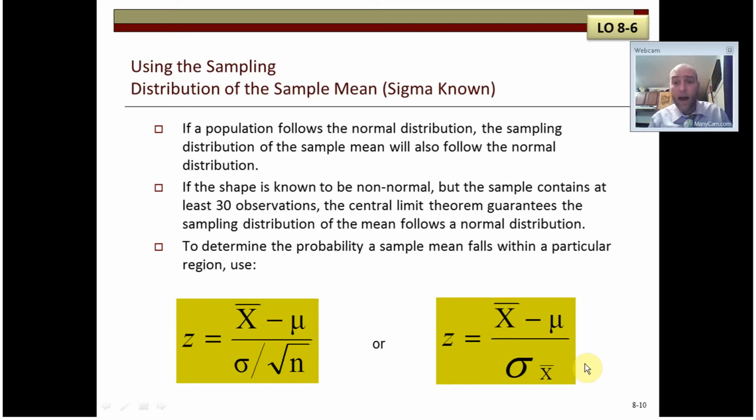Now, we've seen in the past an equation to calculate a z-score, where we take a raw x value, subtract it from whatever our mean is, and then divide by the standard deviation. Well, if we're talking about means as opposed to individual scores, we might ask, how does a sample mean differ from the population mean? That sample mean has its own standard deviation. Before, when it was just a raw x score, individual scores have a standard deviation associated with them.